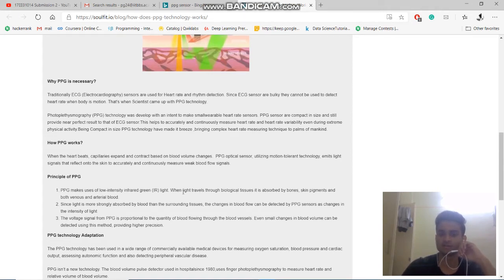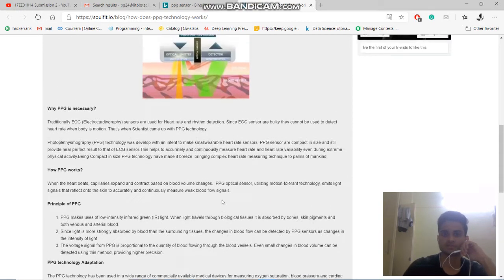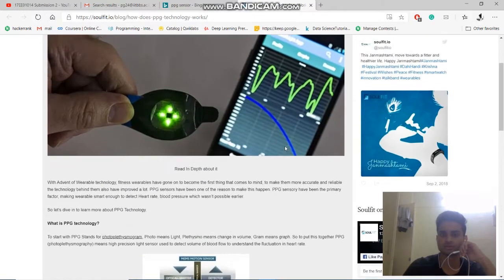When it travels through biological tissues, it is absorbed by bone, skin pigments, and both veins and arteries. Since light is more strongly absorbed by blood rather than surrounding tissue, the changes in blood flow can be detected by the PPG sensor as change in intensity of light. Hence, the PPG sensor is used to measure the blood flow.